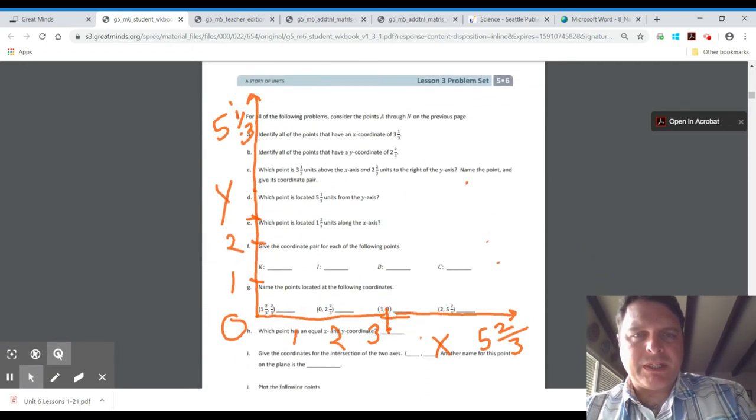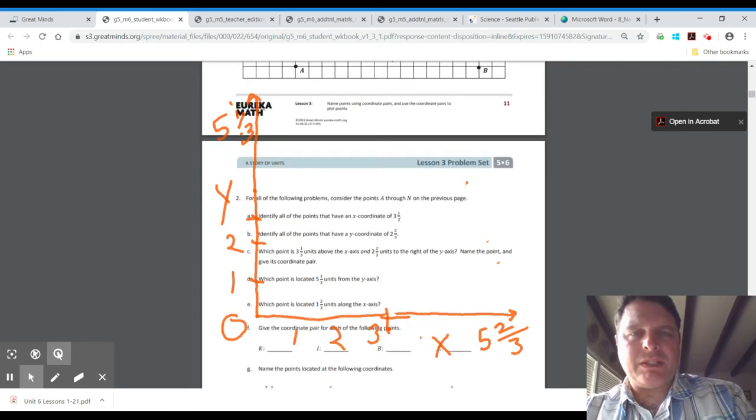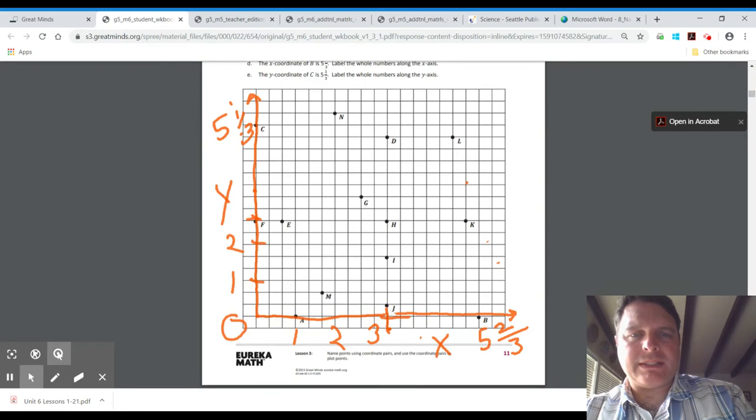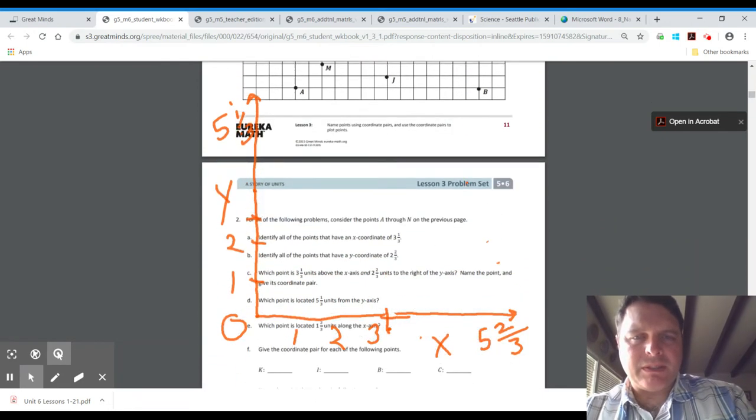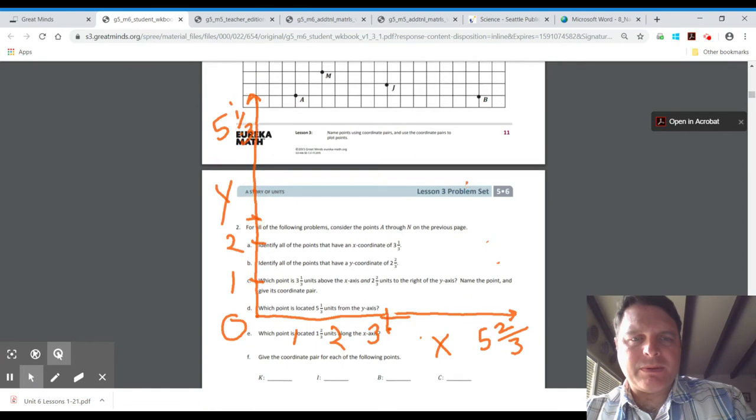And which point is located 1 2/3 units along the x-axis? So 1 2/3 along the x-axis. I'm reading letter E. Which point is 1 2/3?